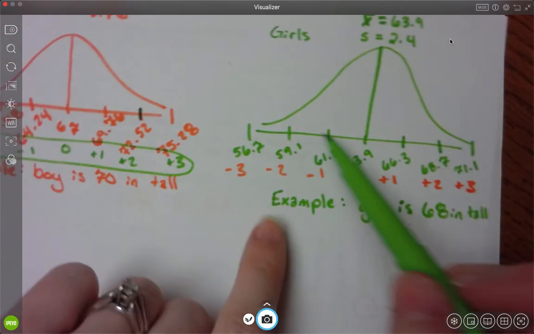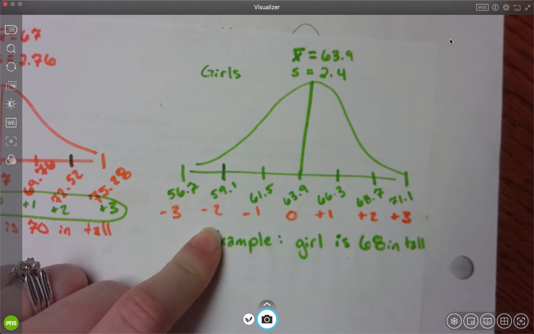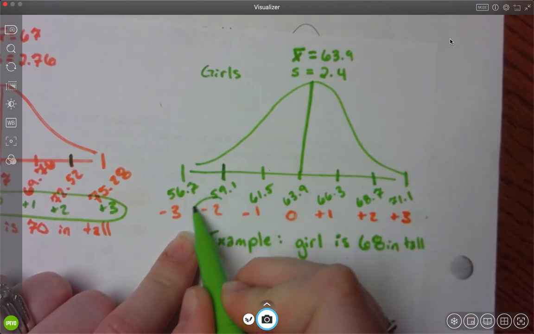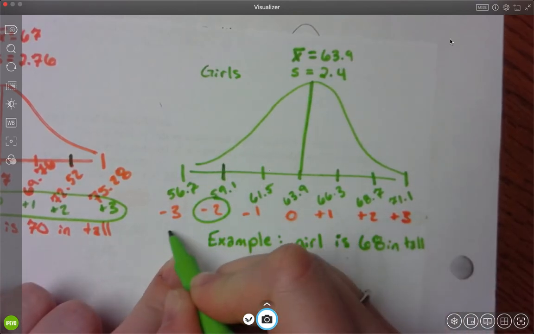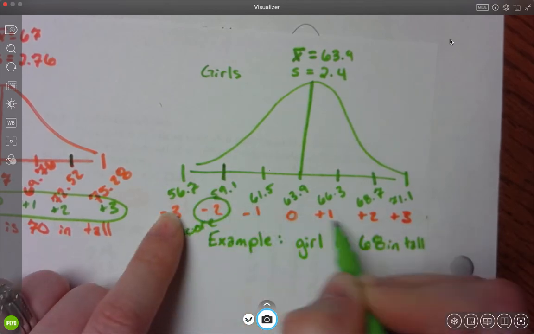For girls, maybe I am exactly 59.1 inches. That means I am exactly 2 standard deviations below average, and this would be my z-score. So your z-score is just these numbers that reflect those down below.